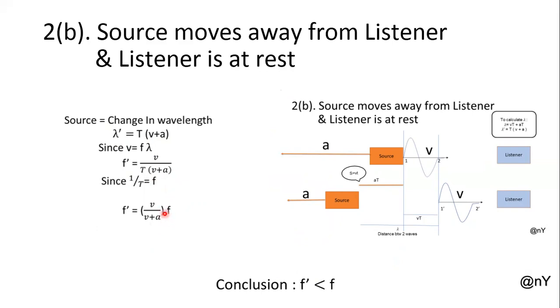Since the denominator is greater as compared to the numerator, the apparent frequency will be less as compared to the actual frequency. That is, in simpler terms, if I am a listener and the source is moving away from me, then obviously, gradually as time increases, I will notice that the loudness of sound will also decrease.